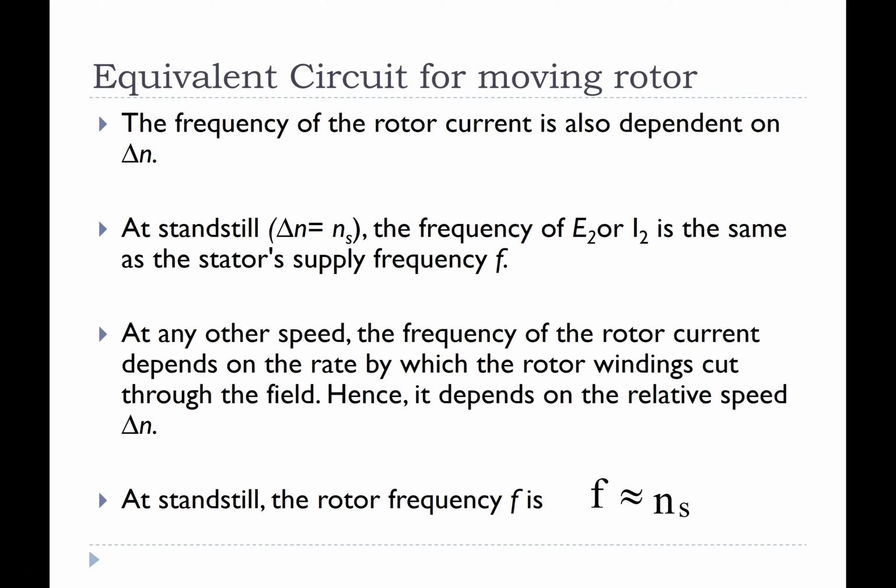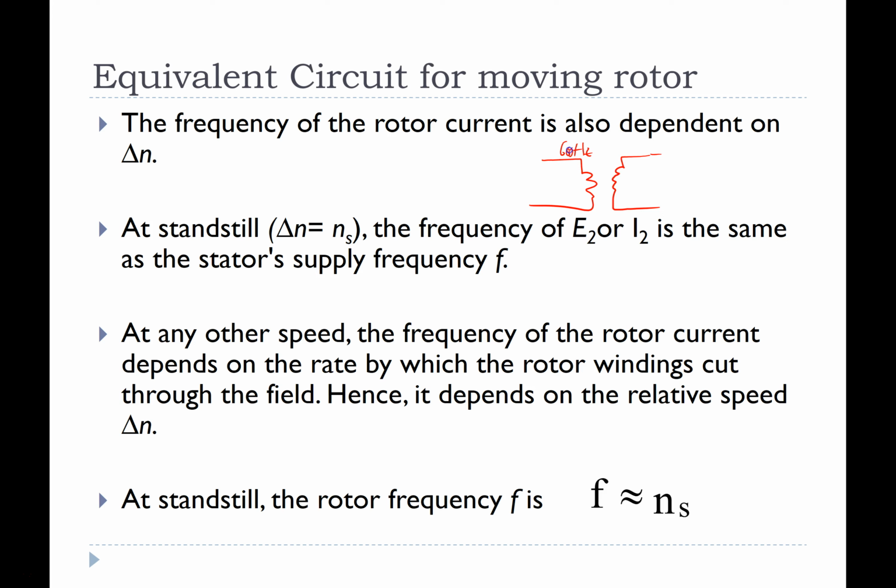But what is also affected in this case is the frequency. Whereas in a transformer we have 60 Hertz, and on the secondary side we will also have 60 Hertz, for the induction machine, once it begins to move, remember the induced EMF depends on the relative motion.